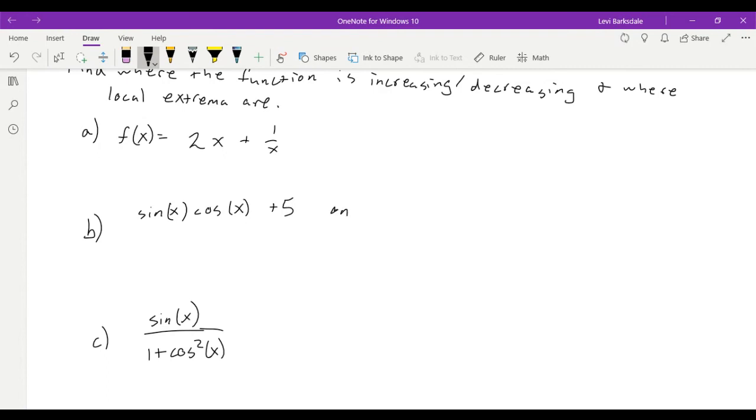Oh, and I think I'm going to add a couple of constraints, because these trig functions should essentially repeat. So just look at 0 to pi, and again 0 to pi.